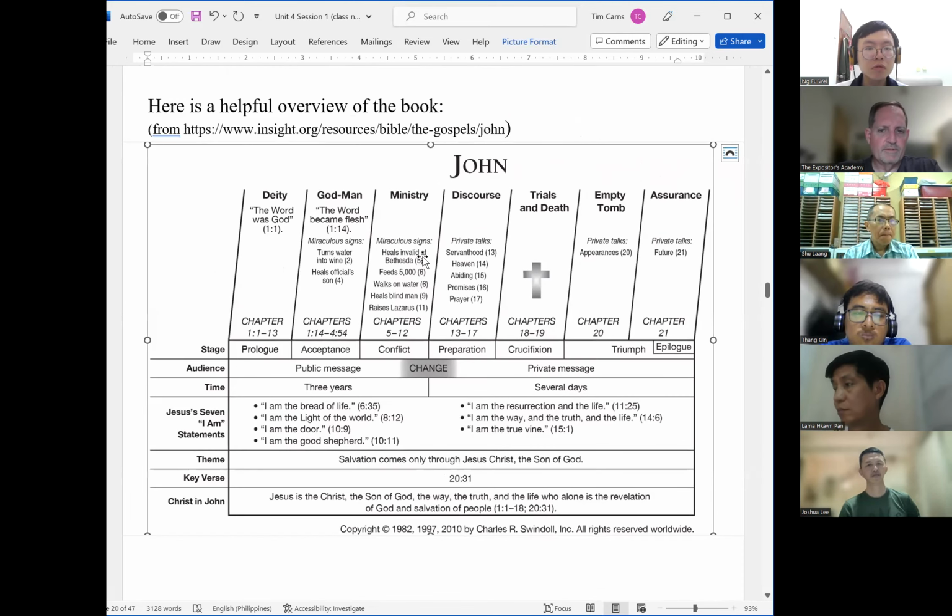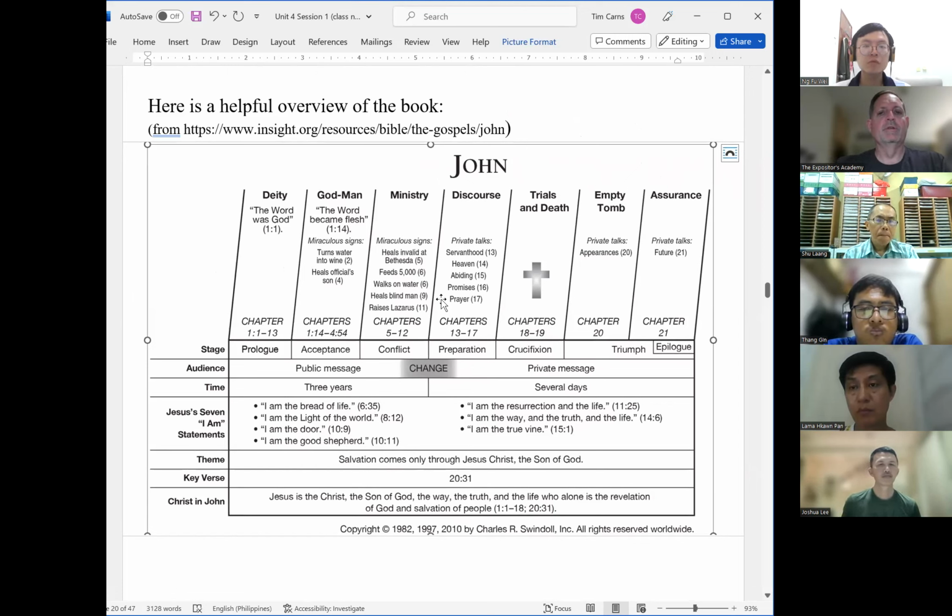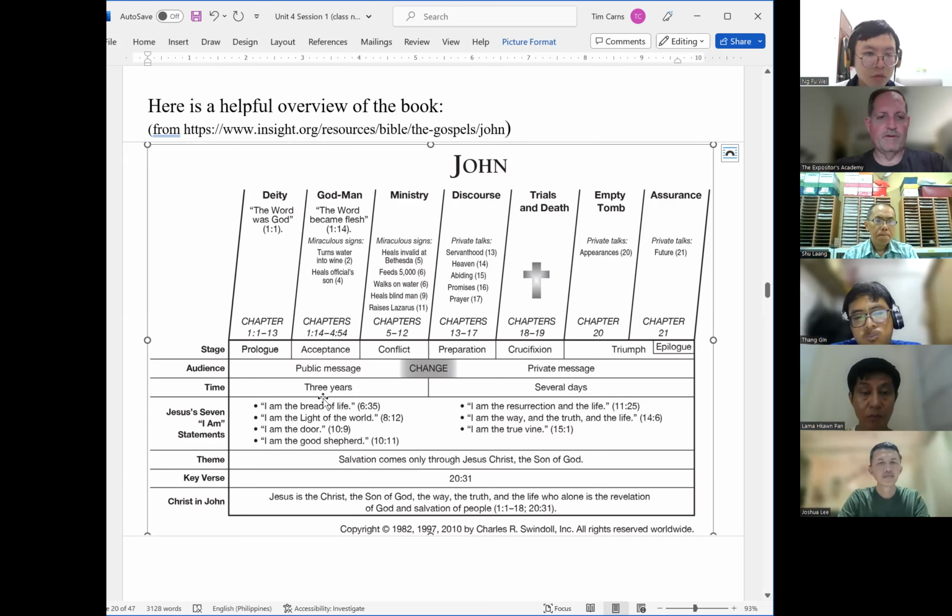It's from Insight for Living, Chuck Swindoll's ministry. I thought he did a good job in this table of sort of showing this larger structure of the book and indicating, again, the sections I mentioned, chapters 1 to 4, 5 to 12, 13 to 17, and then he identifies the general idea from each section, and then who the audience is, the time period, and then some of the key statements there, and then the purpose statement of the book.